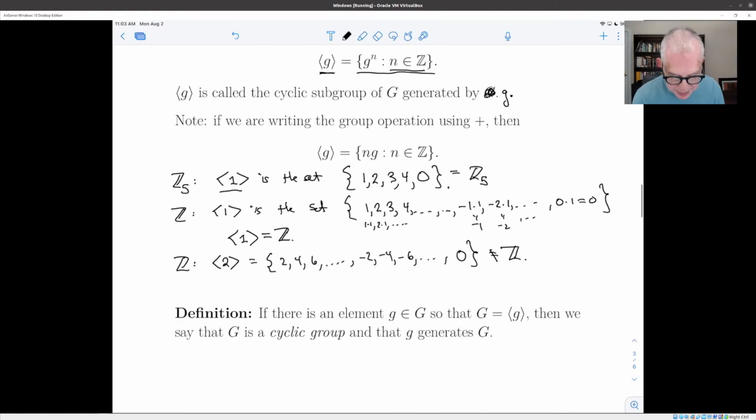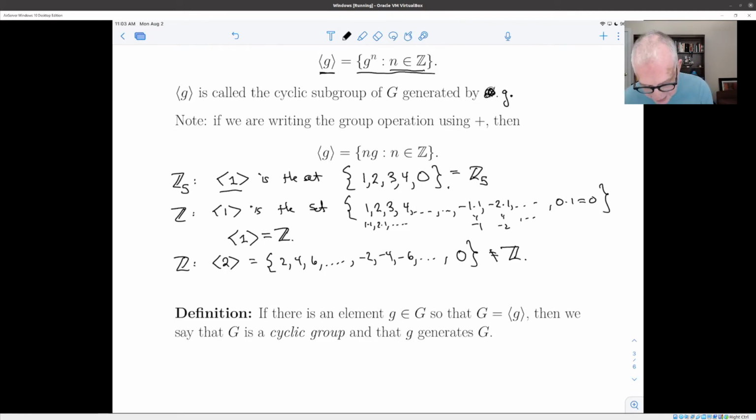So in the particular case in which we can choose an element of the group so that the subset generated by the element is the entire group, then we say that G is a cyclic group generated by the element little g. So we just have to prove the existence of a generator. It's not the case that every element is going to be a generator.